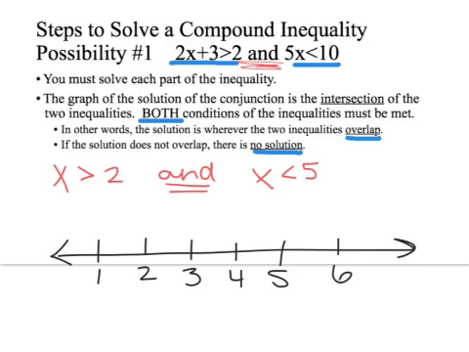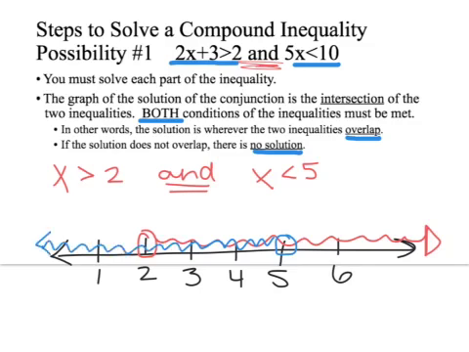For x is greater than 2, I'd have an open circle above the 2, and greater than, the bigger numbers go this way. And then x is less than 5, I would have an open circle above the 5, and less than, the less than numbers go this way. So the answer to this solution is this chunk in the middle here, where it overlaps.